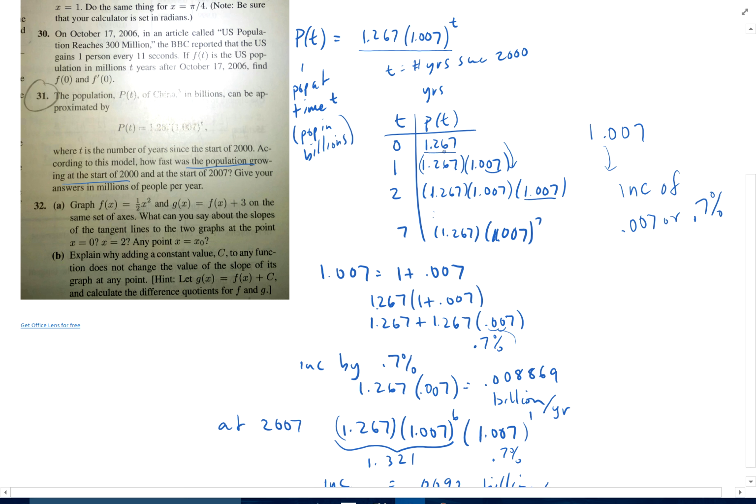The first year it's going to be 1.267 times that number, so it's going to increase by 0.7% of that amount. And then in year 7, like I said down here, this number, that's the population in year 6 times 0.007 or 0.7%, and that'll give me how many people I'm adding for 2007. Okay. If you've got any more questions on that, we'll talk about it in class. Just let me know.